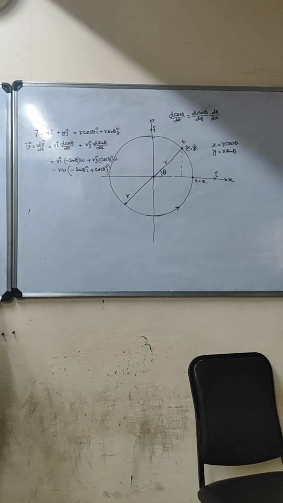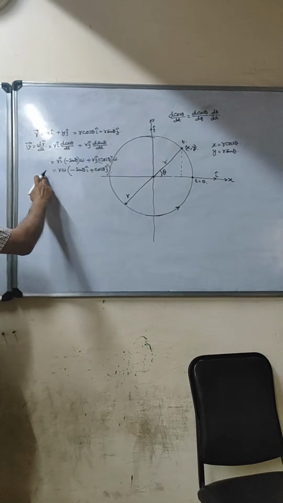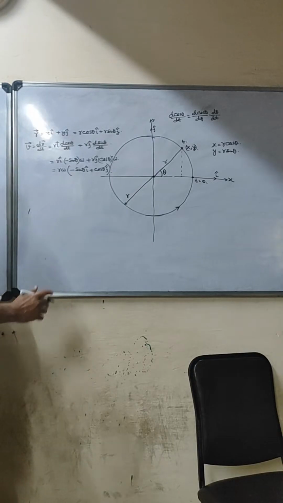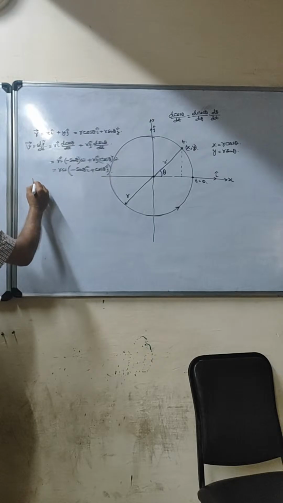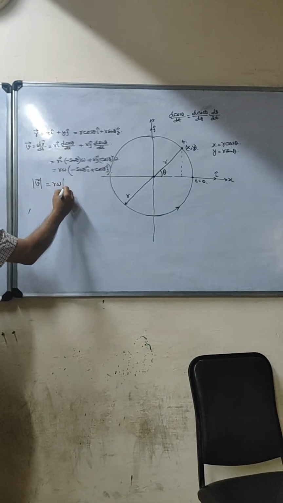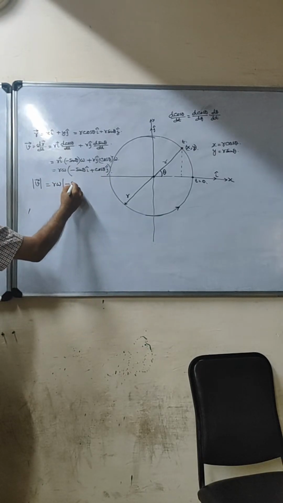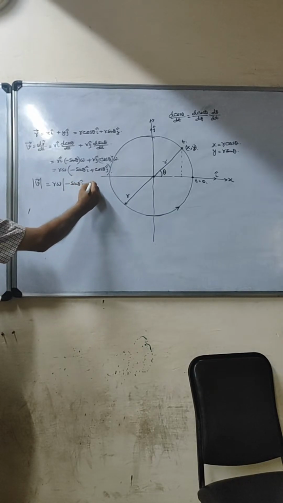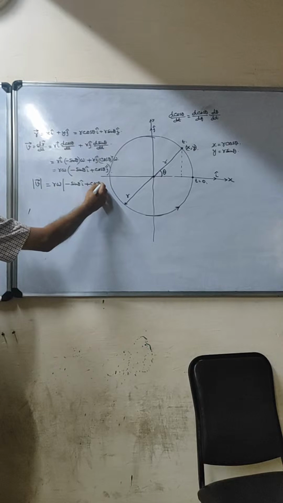Right? Now this is velocity, but in vector form. What will be its magnitude? Mod v bar. This is constant r omega into mod of this portion. Do you agree? Minus sin theta i hat plus cos theta j hat.